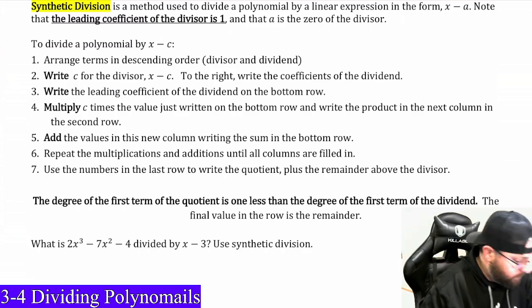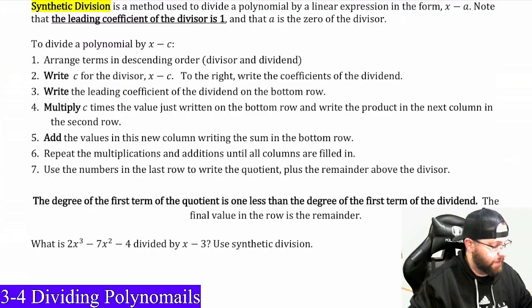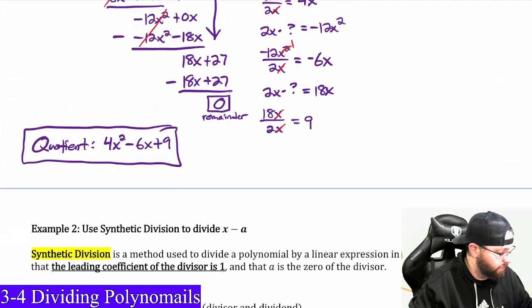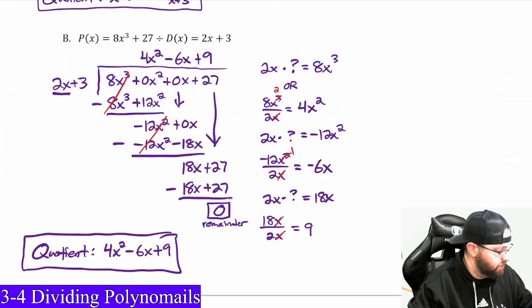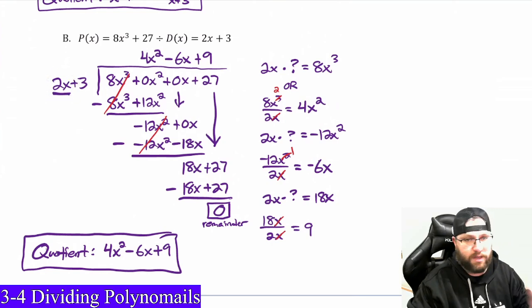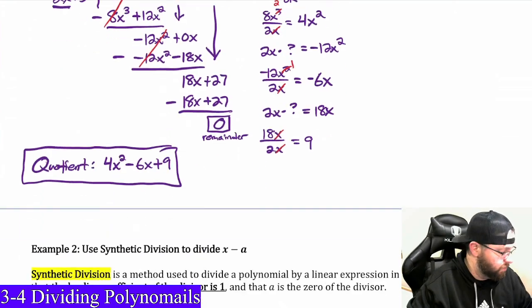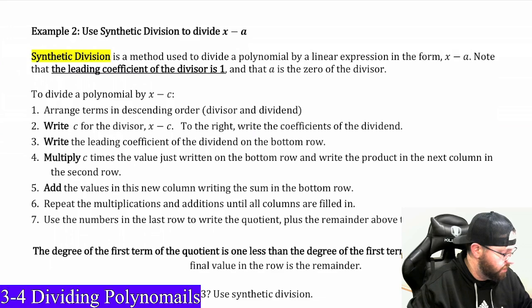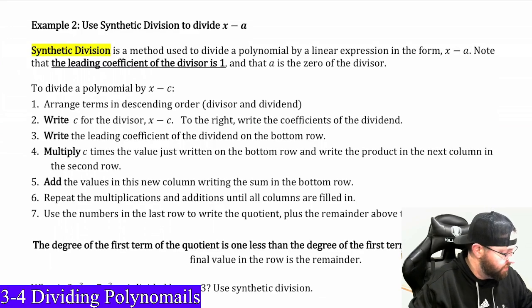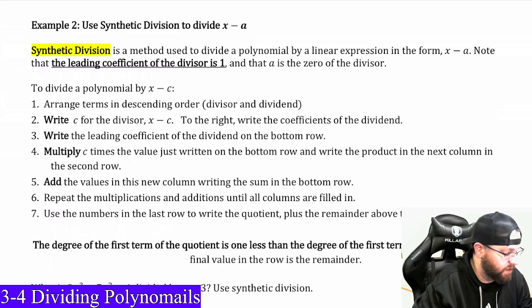Anytime that we have a leading coefficient, like up here, where this is a 2x, we want to be thinking of using long division. But when it's just 1, it makes it really easy. So we're going to write c for the divisor, x minus c, to the right, and we're going to write the coefficients of the dividend.